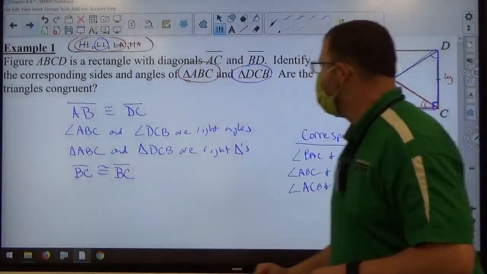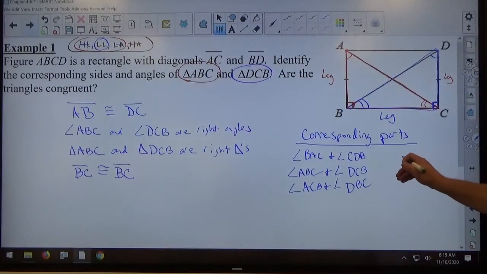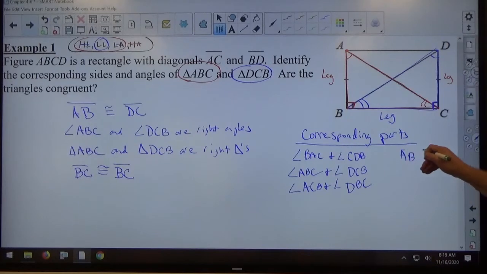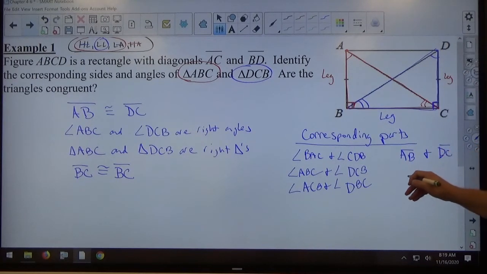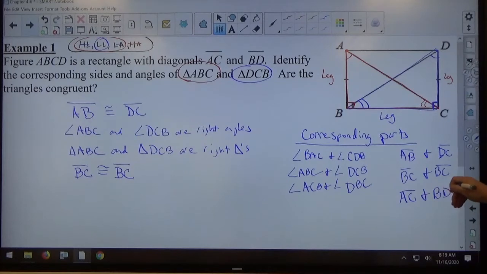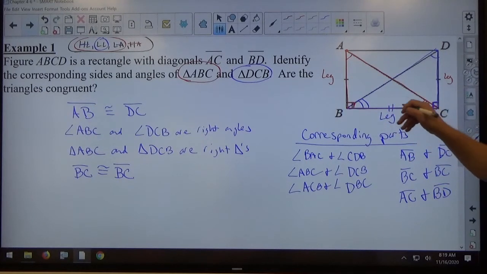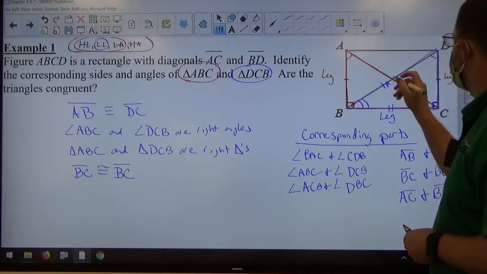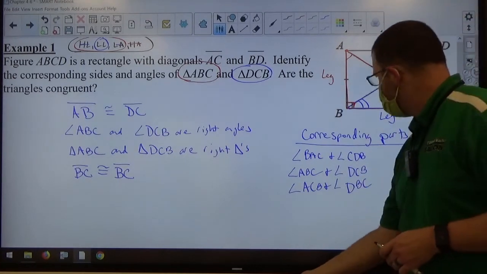The other corresponding parts would be the sides, and the sides are the ones that are congruent to each other. So I know that side AB and DC, and side BC and BC, and then AC and BD. So this one's congruent to itself, this one is congruent to this one.